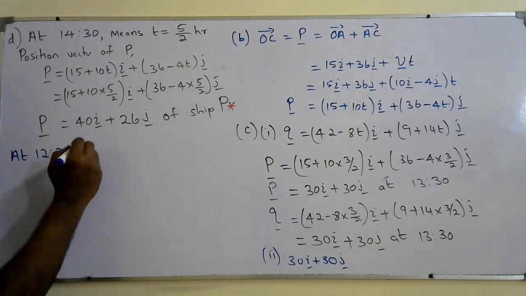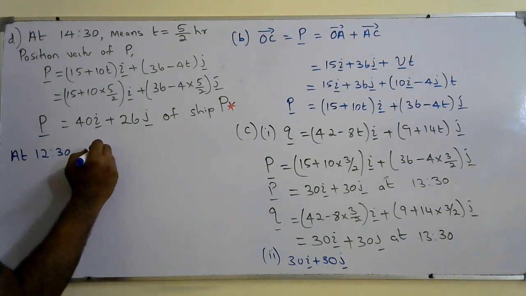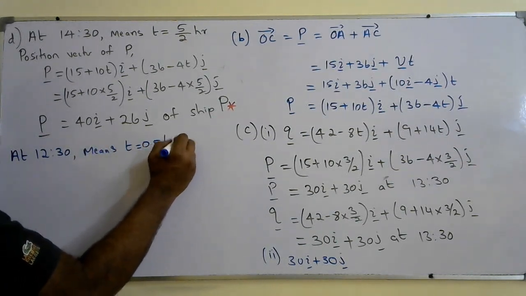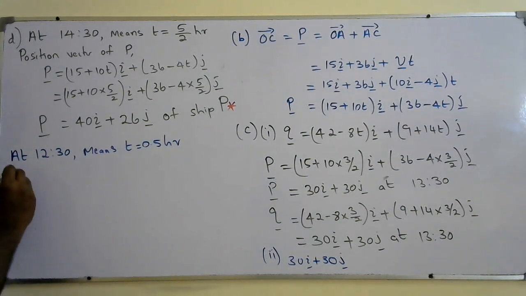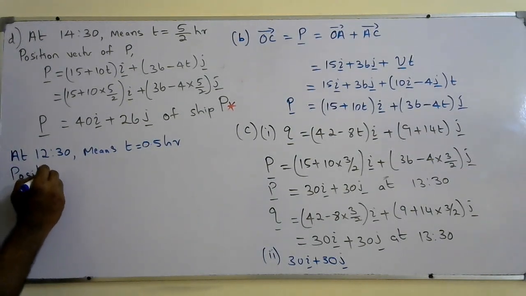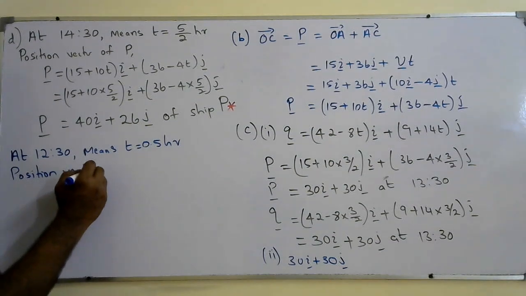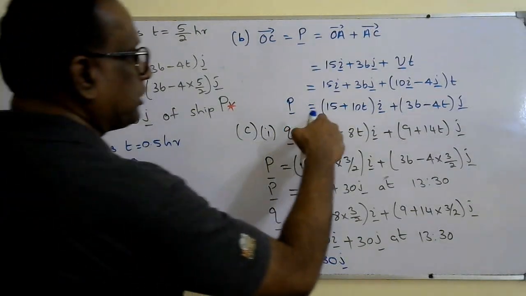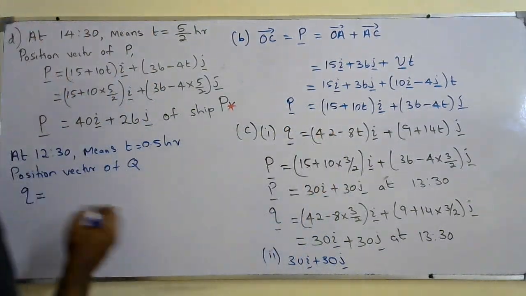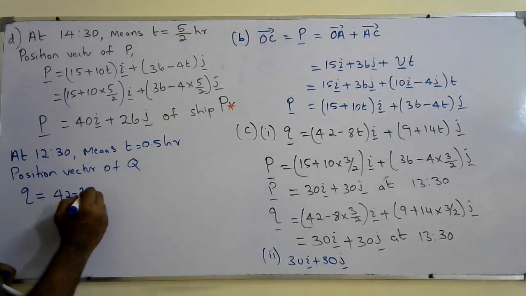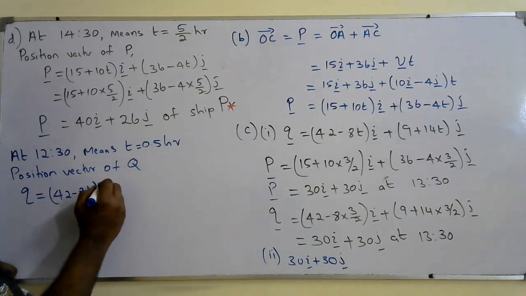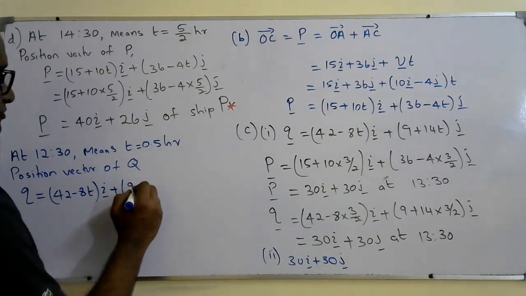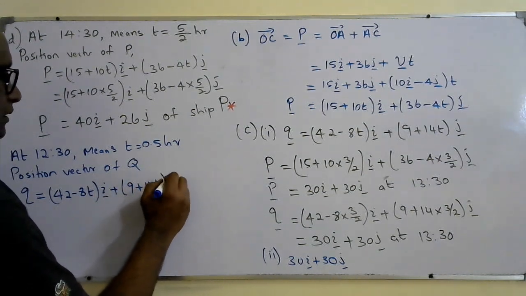12:30 means t equals 0.5 hours. The position vector of Q, I'm going to use this equation: 42 minus 8t i plus 9 plus 14t j.